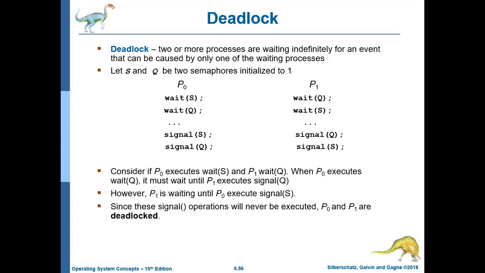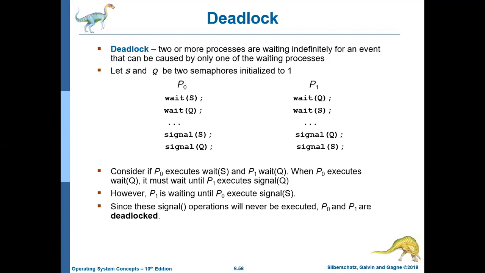Deadlock. What is deadlock? Definition of a deadlock: two or more processes are waiting indefinitely for an event that can be caused by only one of the waiting processes. Once again, I am reading, just read out one by one.